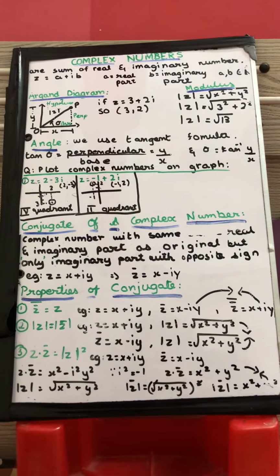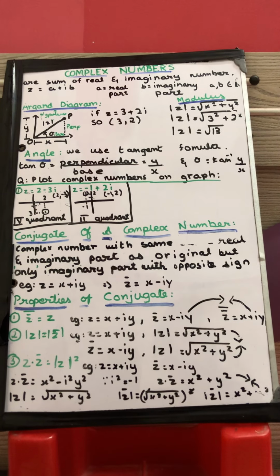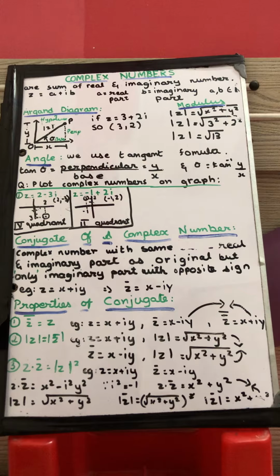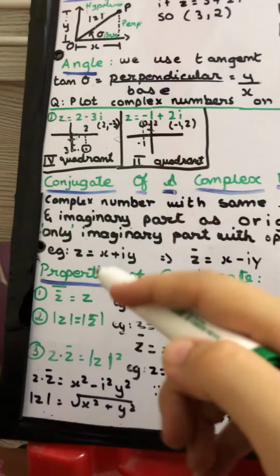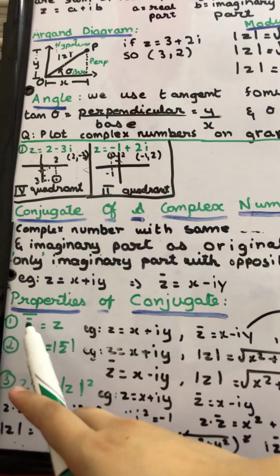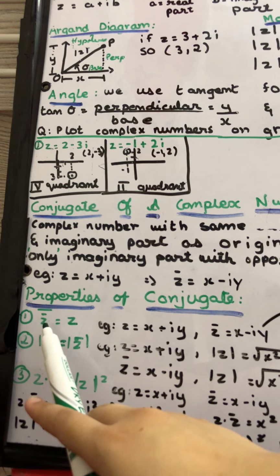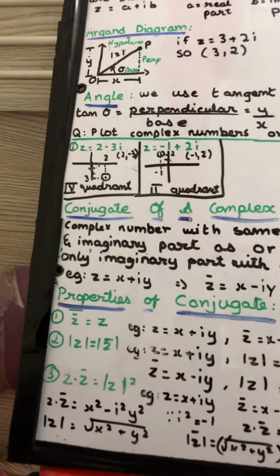So we have some properties of this conjugate. For example, see the first property. It says that the conjugate of the conjugate of z, that is, the double conjugate of z, is equal to the real z.